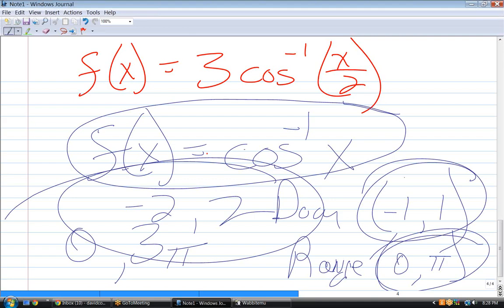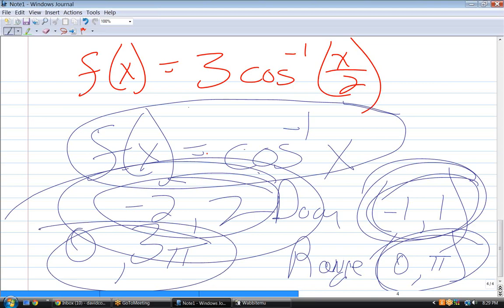In other words, the domain is your horizontal, and I'm expanding it by a factor of 2. So I'm going to go from -2 to 2 instead of -1 to 1. So there's your domain, and there's your range for this function here.